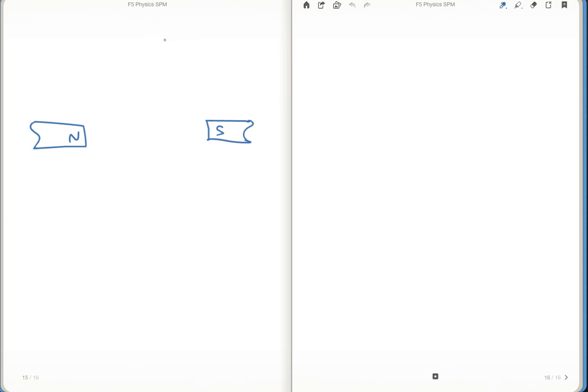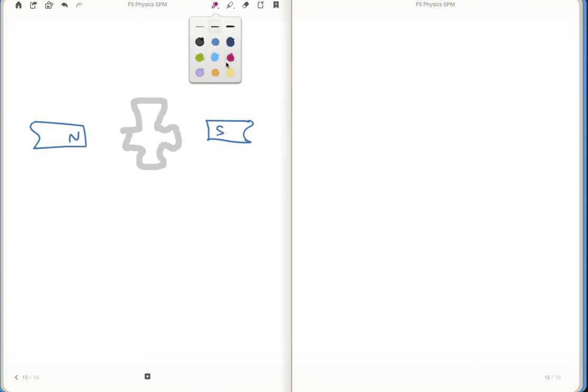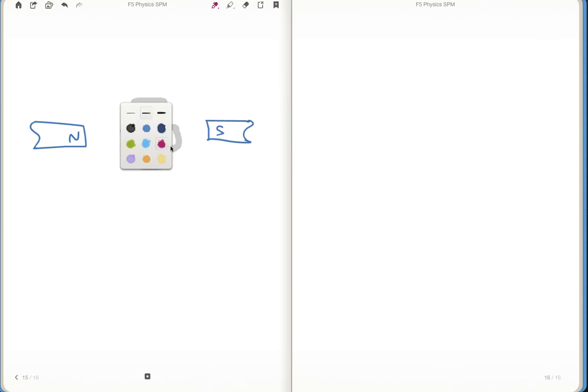Initially I would have a Maltese cross looking like this, without the magnet. And obviously the direction of the electron is coming out. So I give it a dot, meaning the electron is coming out of the surface.